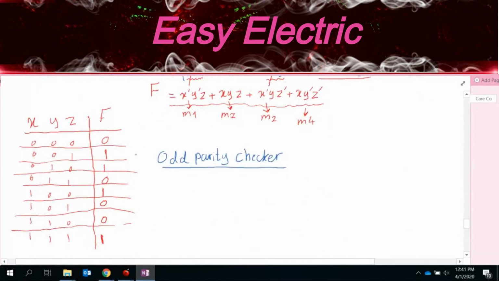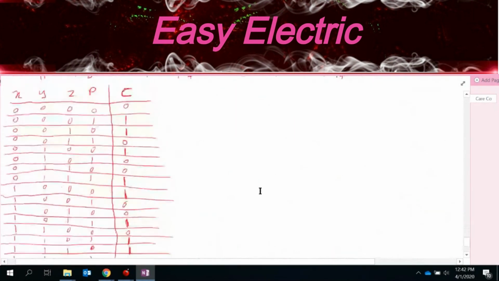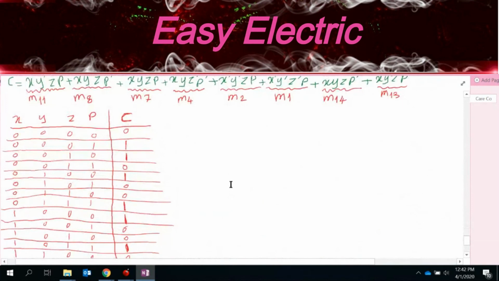I need to add one more term here. It is actually a 3-bit odd parity checker. So this one and the second one should be a 4-bit odd parity checker.